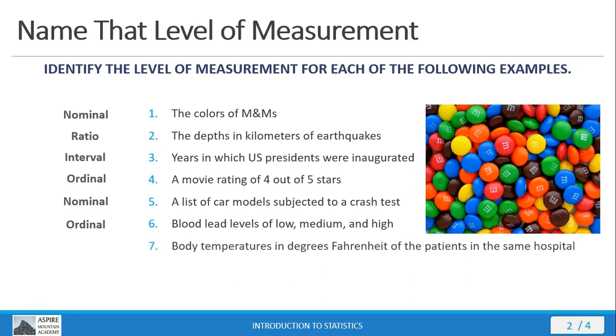Next, body temperatures in degrees Fahrenheit of patients in the same hospital. What level of measurement do we have here? I'll give you a few seconds. Well, here we have the interval level of measurement. Body temperatures are quantitative data, so these must be either interval or ratio data.